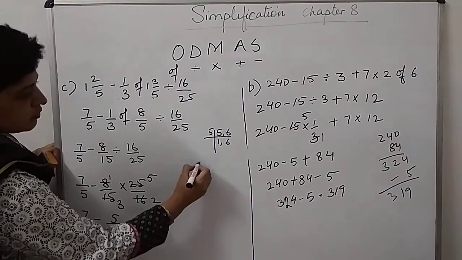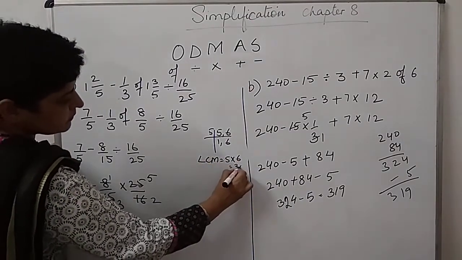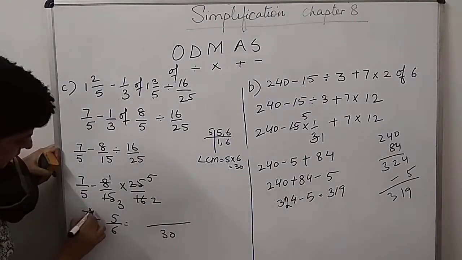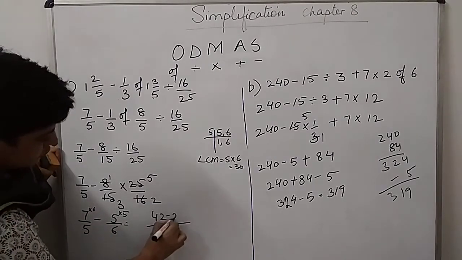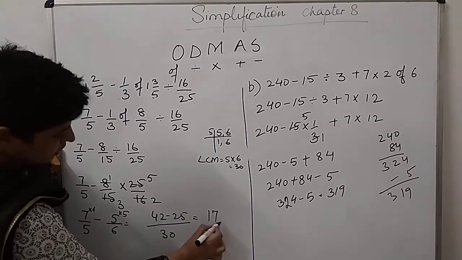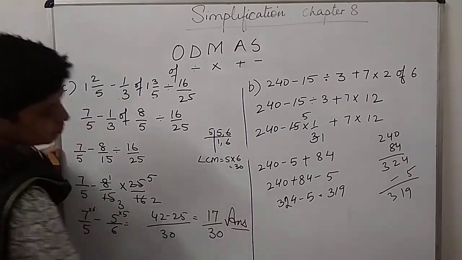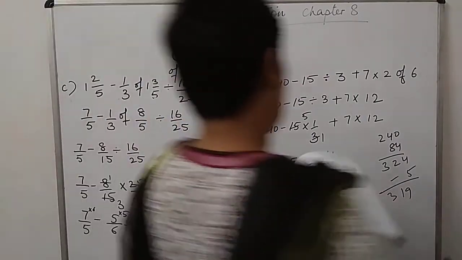No common factor, so LCM will be 5 into 6, 30. 5 sixes are 30 and 6 fives are 30. 42 minus 25, 17 upon 30, and this is a proper fraction, so we will not be solving it further. Let's take another question.